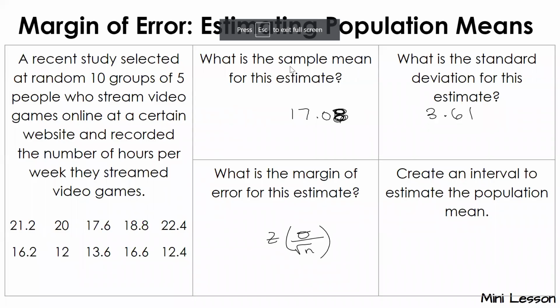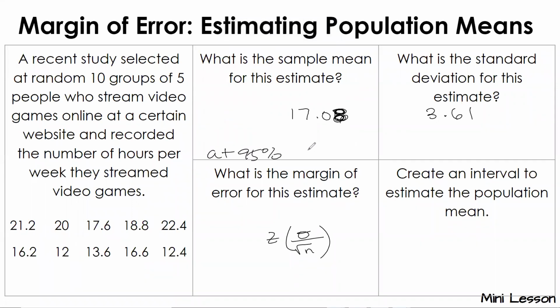So at 95%, we're going to have a Z-score of 1.65. This is a number that you're going to have to memorize. Okay, or you could go in and use the table and look that up.